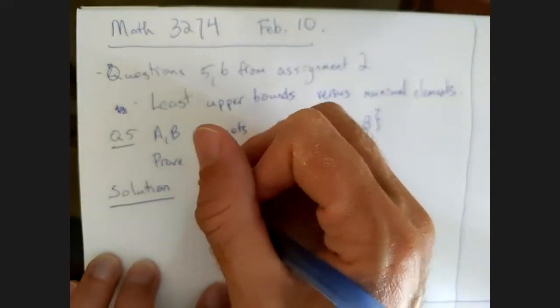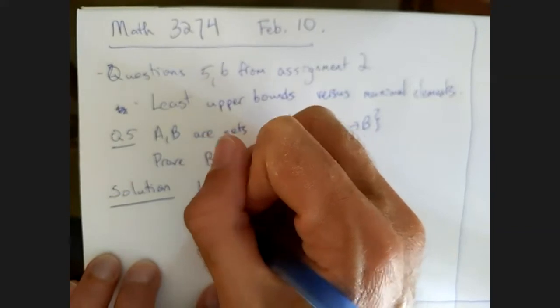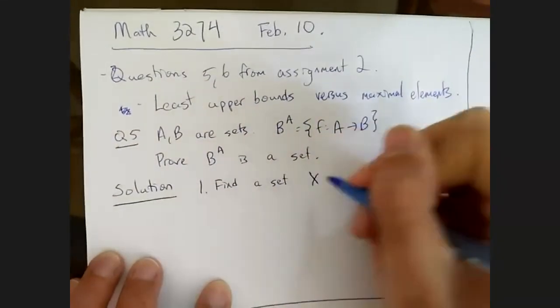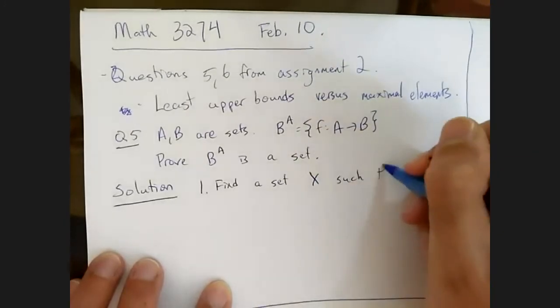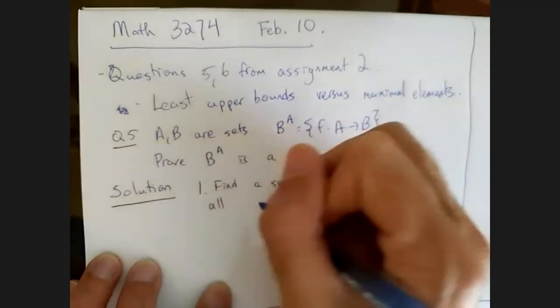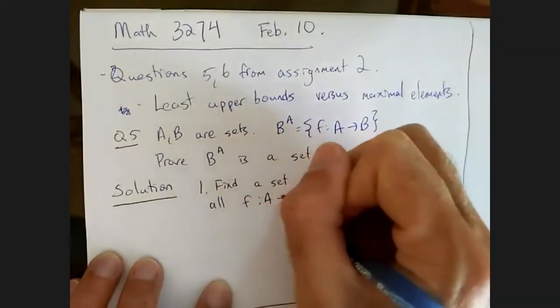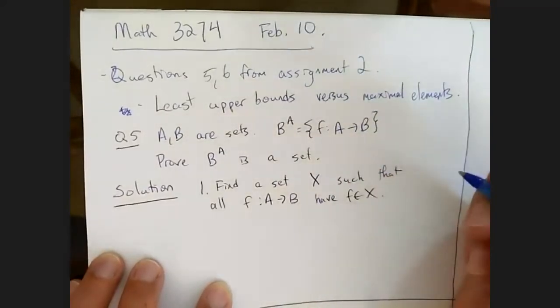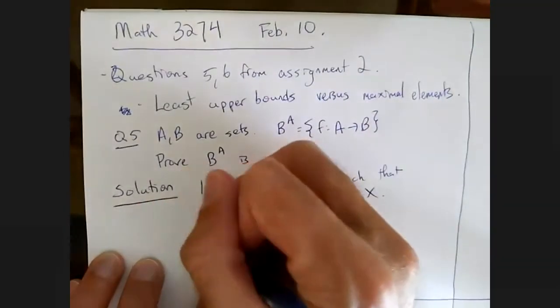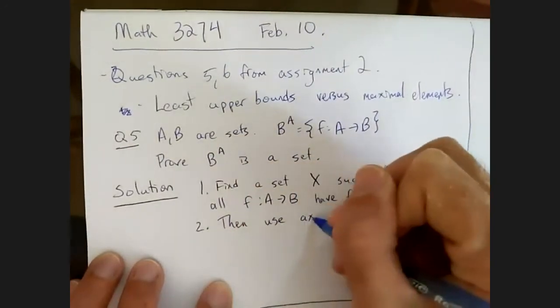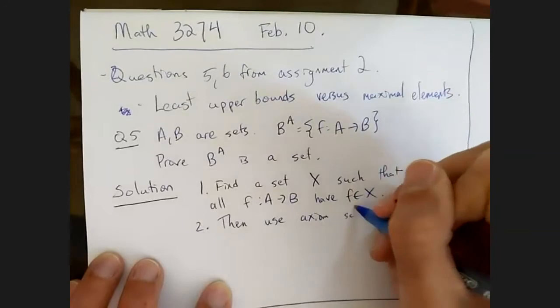So here's our strategy for these things: find a set X such that all functions from A to B, all the Fs, are elements of X. And then our second step would be to use the axiom schema of comprehension.